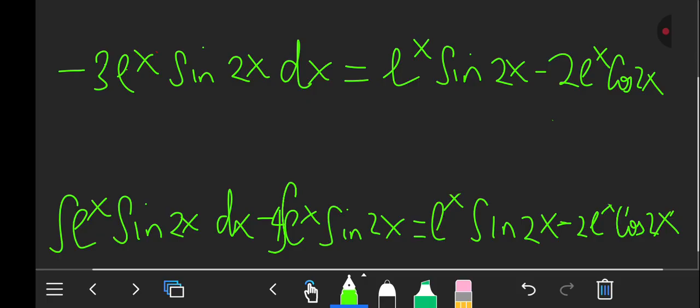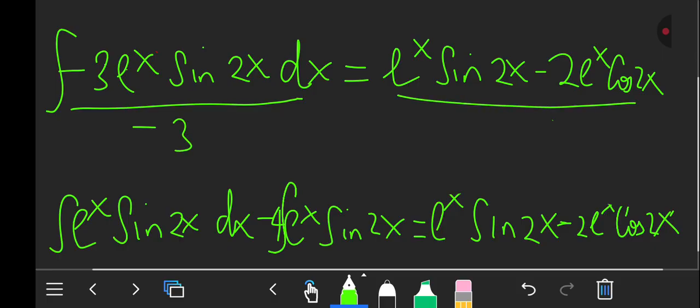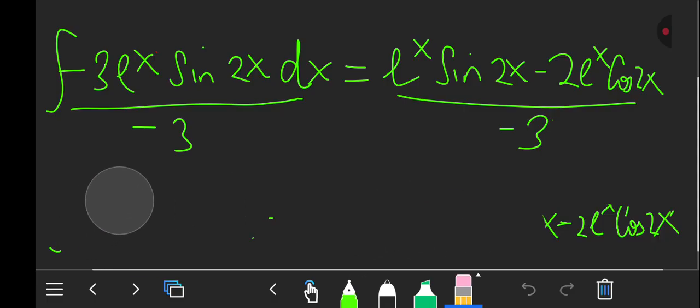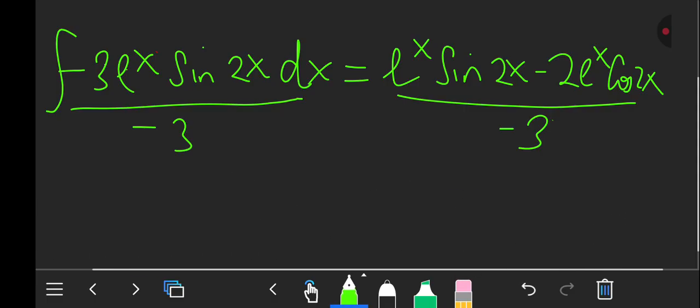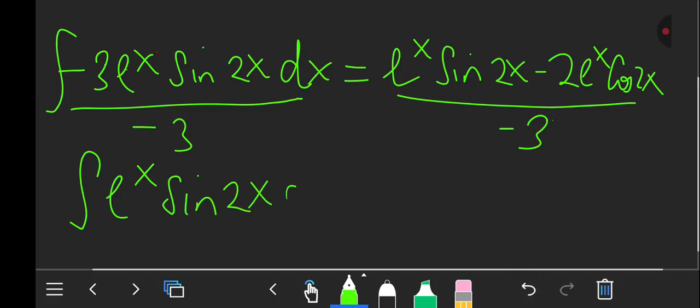Now to find what I was looking for, which is the integral of e to the power x sine 2x dx, I can just divide by negative 3 here, and here by negative 3.